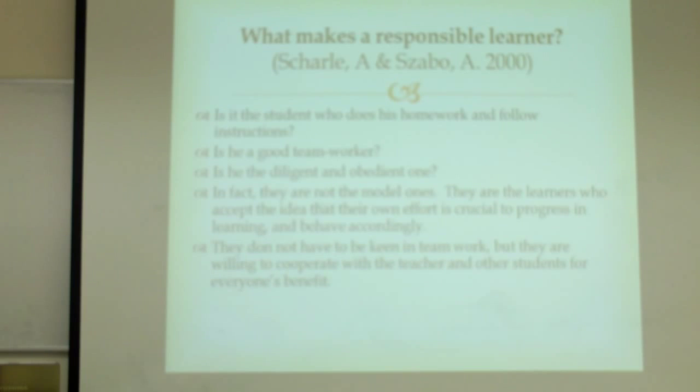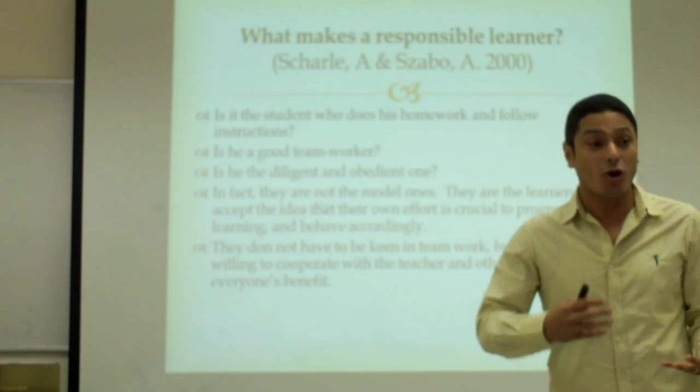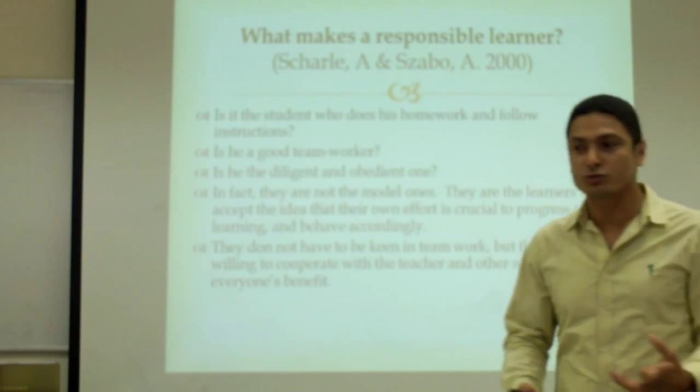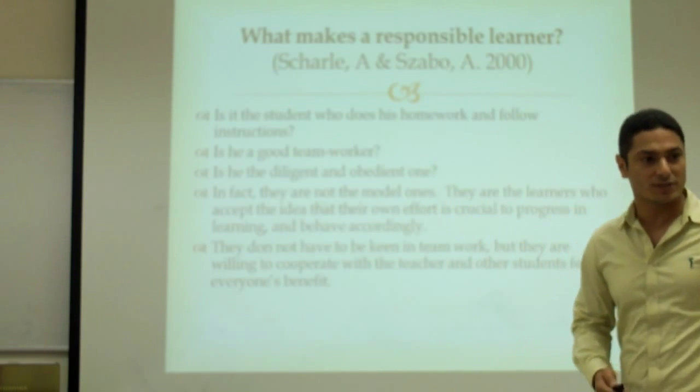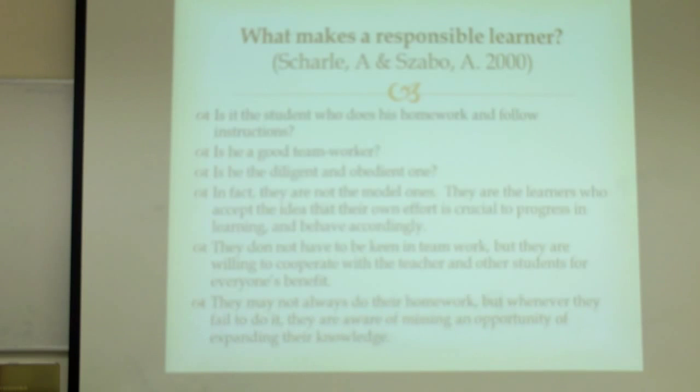They don't have to be keen on teamwork. They may or may not be willing to contribute, but they are always there, and they always contribute because they know that this is beneficial to them and to other students as well. They may not always do the homework, but whenever they fail to do the homework, they are aware of missing an opportunity to expand their knowledge.